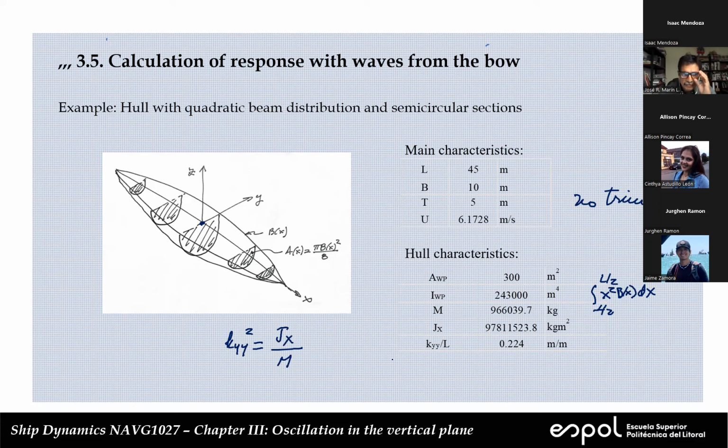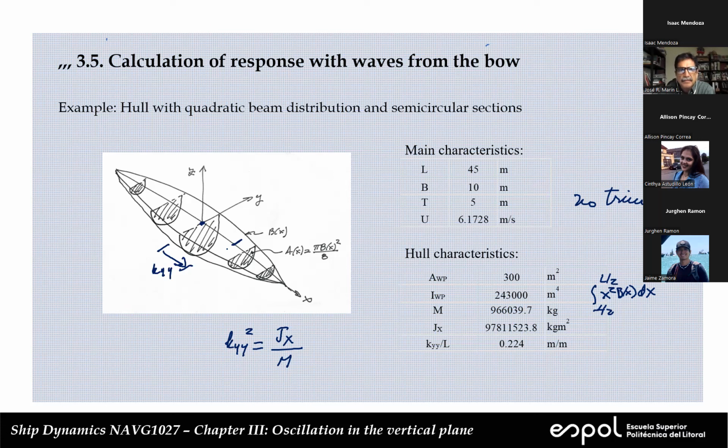And if we get the square root of that, we can divide it by the length, and this is the percentage that we are taking. So more or less, from here to here, that's 0.5, that's 0.25, so it's about here. More or less, from here to here, that's the radius of gyration.